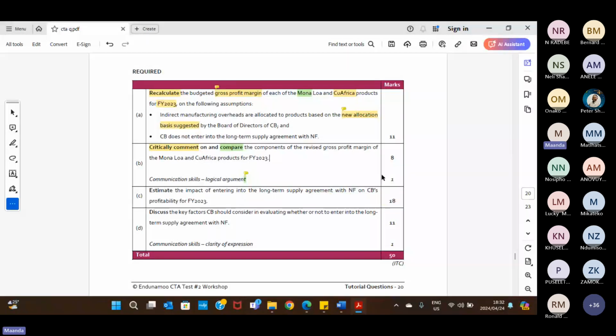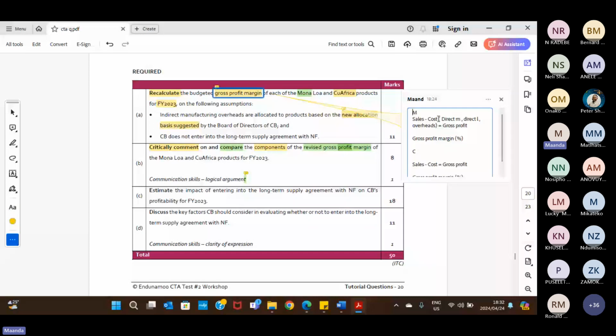So I'm going to comment and compare the components of the revised gross profit margin. They're saying the components, meaning what goes into gross profit margin, which we already know. We have the sales, we have direct cost, and then we have gross profit margin. The sales will be divided, like I said, into the price and the quantity.